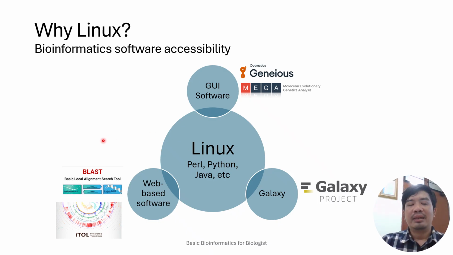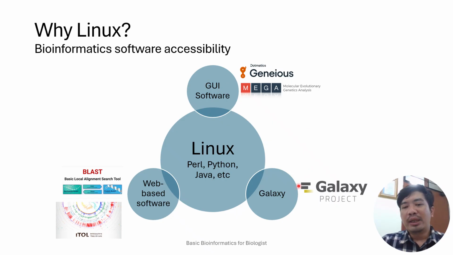And then there are some kinds of software that from the start were developed as web-based software, so you can access them through the official website. But basically they come from Linux.